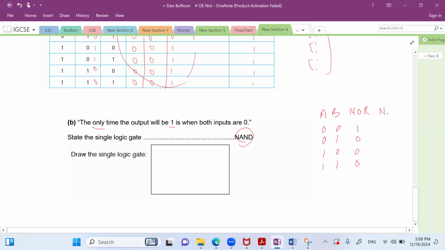Okay, let's write NAND as well. Let's try it with 000 will become 1 in NAND. Yes. And in AND, it should be 0, but here we are going to write 1, 1, and then 0.